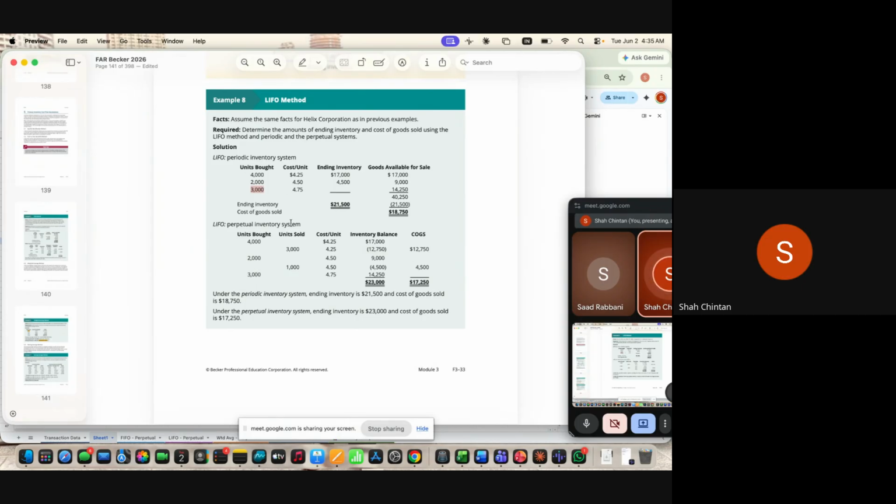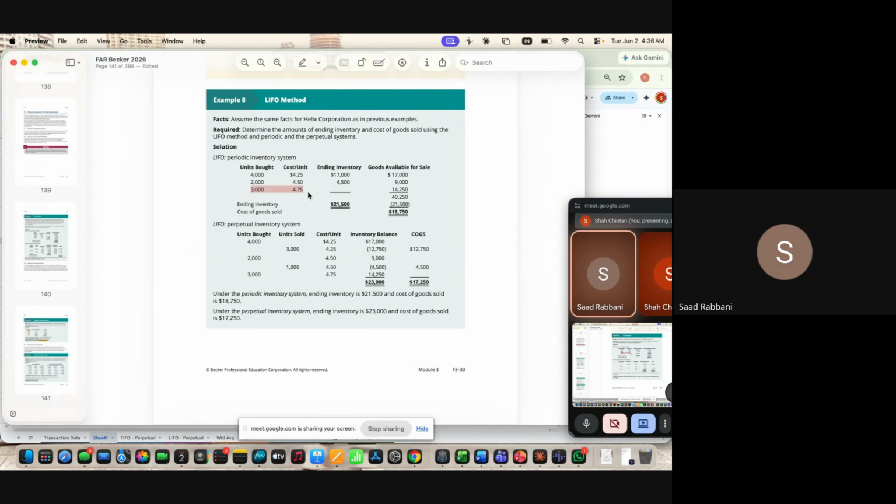So that is why in this particular example here, the value of the cost of goods sold is 4.25, whereas under the periodic inventory system, your cost of goods sold is calculated at 4.75, and hence you have a different valuation for both the methods.